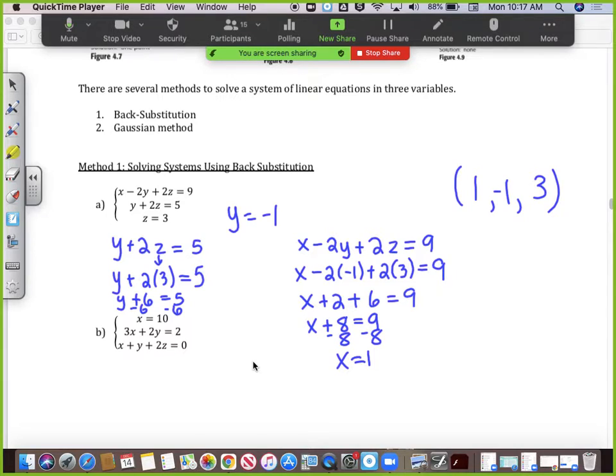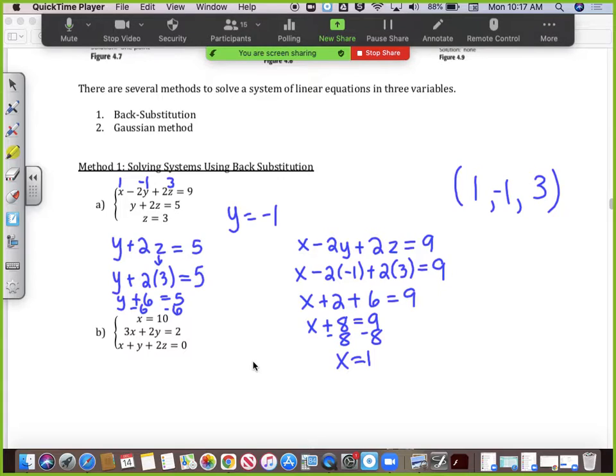The first one, we're replacing a 1 in for x, a negative 1 in for y, and a 3 in for z. So this is going to be 1 minus 2 times negative 1 is negative 2, so it's going to become 1 plus 2. And then this is going to be plus 2 times 3, which is 6. So it's going to be 1 plus 2, which is 3, and then 3 plus 6 is 9. It works for the first one.